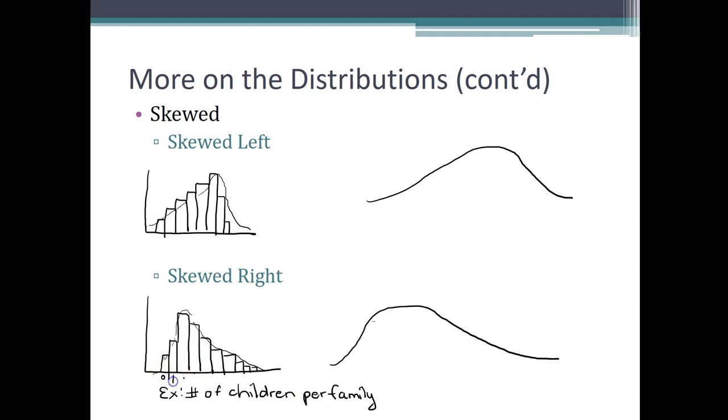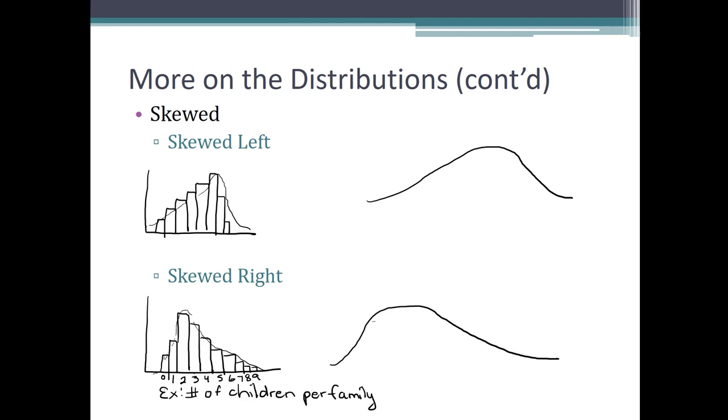You'll have more that have 1 child. Maybe the greatest number have 2 children. Fewer than that have 3, fewer than that have 4. And as you get to more children, the number of families drops off. Very few families have 15 or 20 children nowadays. It's just not something we do nowadays. So that's an example of a skewed right distribution.